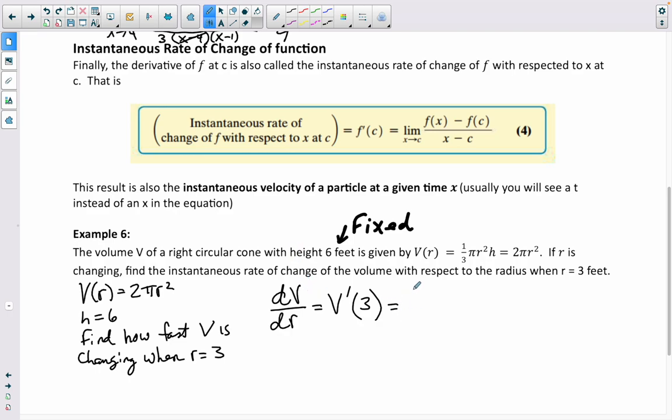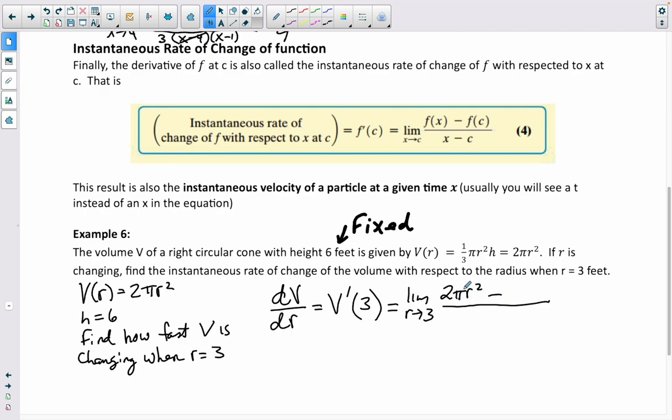So this becomes the limit as x approaches, I'm going to change the variable, sorry. The limit as r approaches 3. And now I can plug it into my f of x minus f of c. So we're going to have 2 pi r squared. This is f of x.